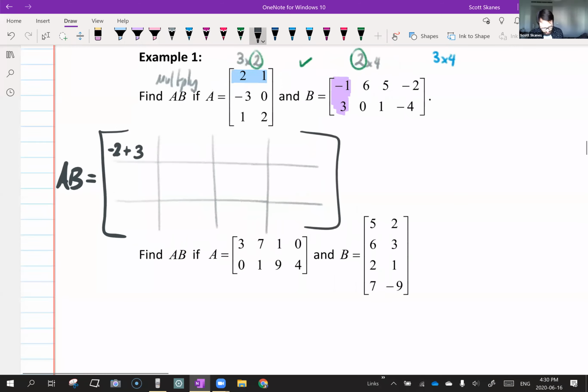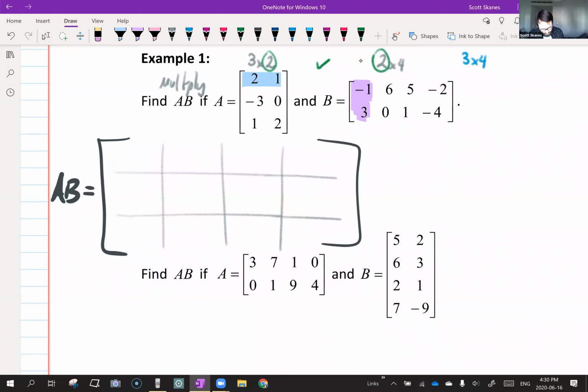Maybe I should actually, I'm going back and forth because I don't trust myself sometimes. I'll write it out fully. 2 times -1 plus 1 times 3. And I'll even color code it. First one comes from the row. Second one comes from the column. All right, the rest is done the exact same way.